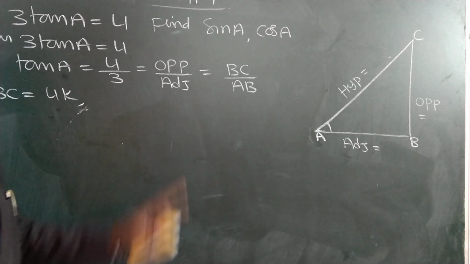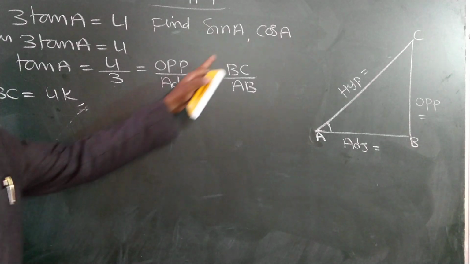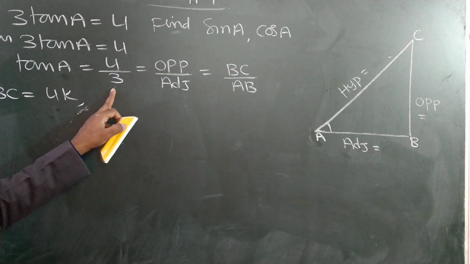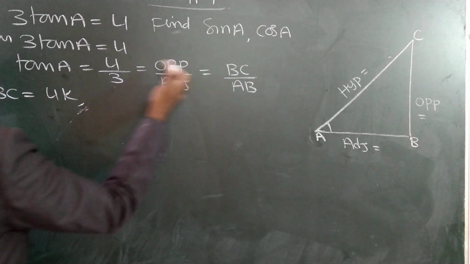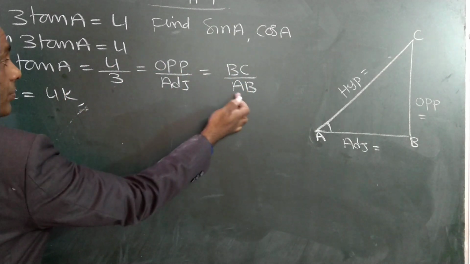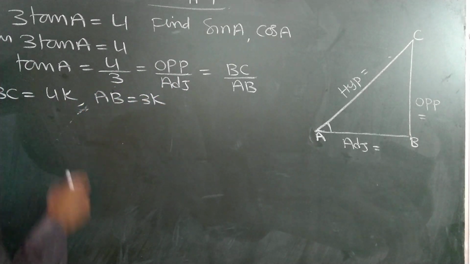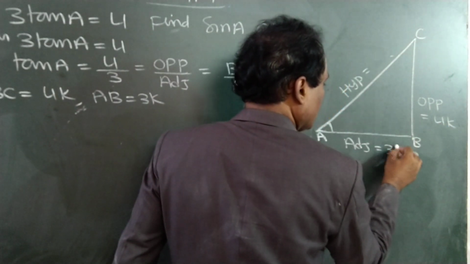Directly taking BC equal to 4 we should not do. Even if you take it, we get the same answer. But a ratio is always in the simplest form, so with the original value we don't know. So some multiple we have to take. BC is 4K. AB is 3K.